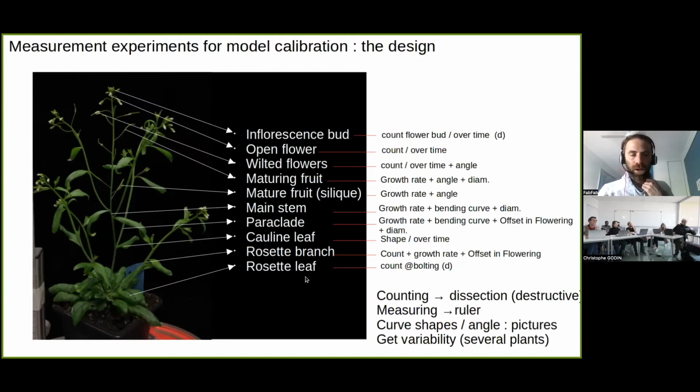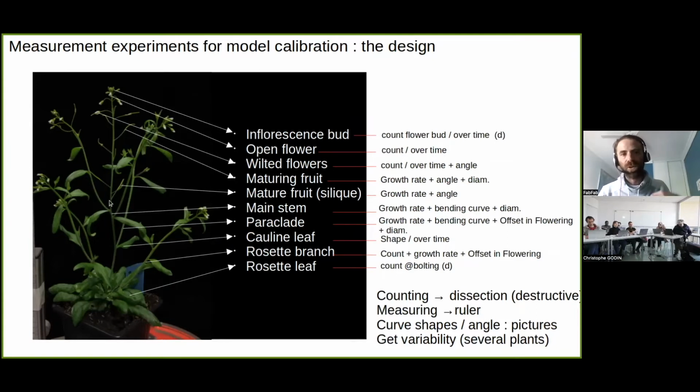And so for this, we decided to measure different parameters, especially because in the previous model I presented to you, the calibrated Arabidopsis plant published 15 years ago, most of the calibration was done during early plant development, and I think they stopped way before this stage.